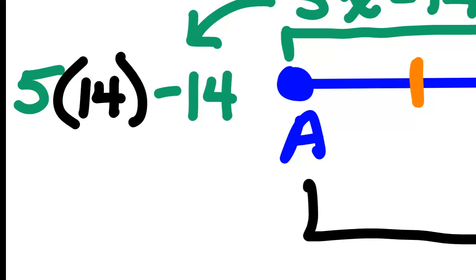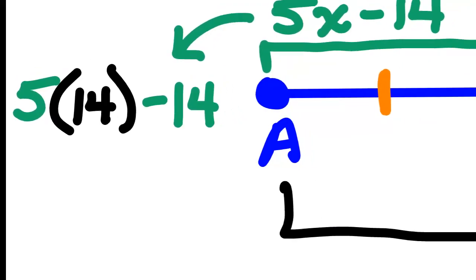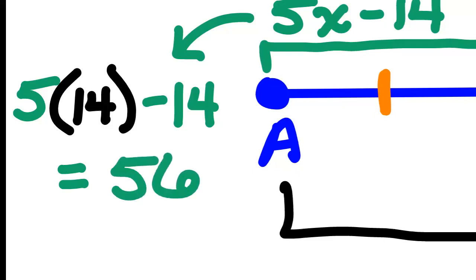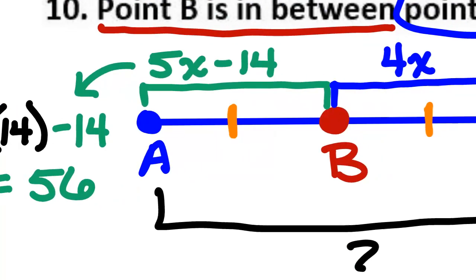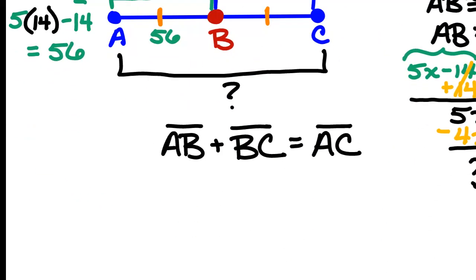It's 5 times 14. 70 minus 14. Yep. Close, 56. That's okay, 56. So from A to B is 56. So I can put 56 in the place of AB.